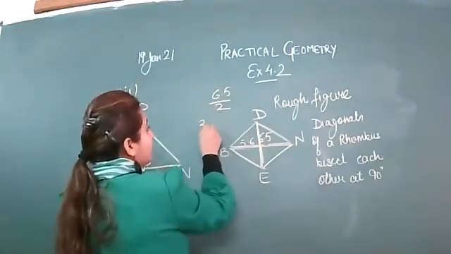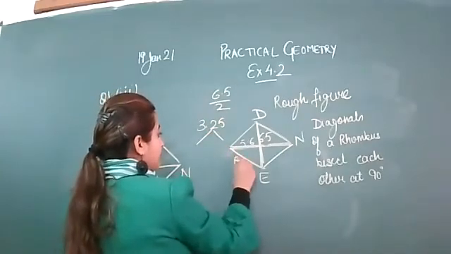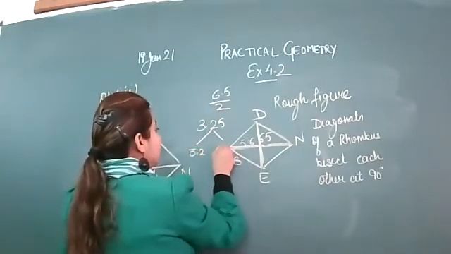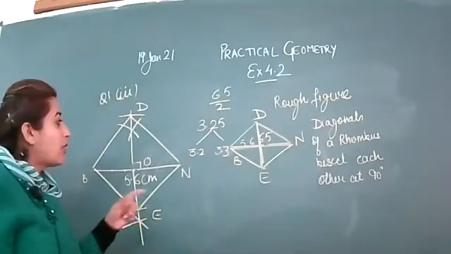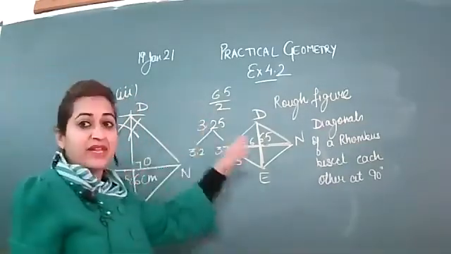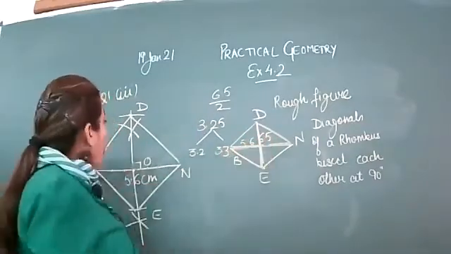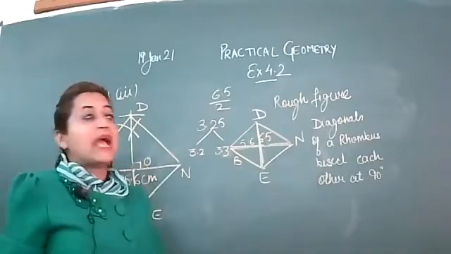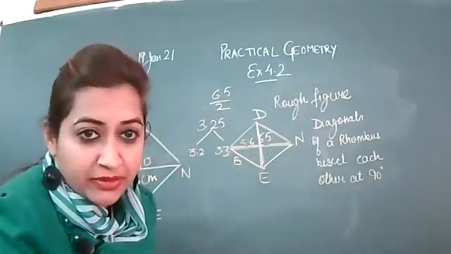The half that you took, that is 3.25, lies between 3.2 and 3.3. So maybe some students got confused about this. Whenever there is an odd number out of these two, always take the odd number in the horizontal base and divide the other even number into two equal parts. That will be much better.